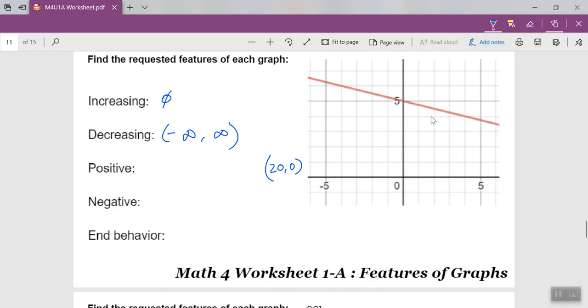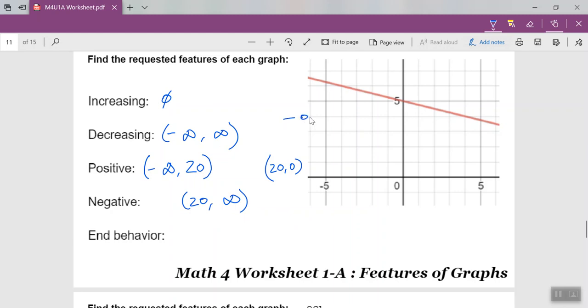So it's going to stay positive all the way up through that point. It's going to stay positive from negative infinity all the way up to 20. Once it touches 20, that is where y is 0, and it is neither positive nor negative. And the negative picks up from 20 and goes on toward positive infinity.